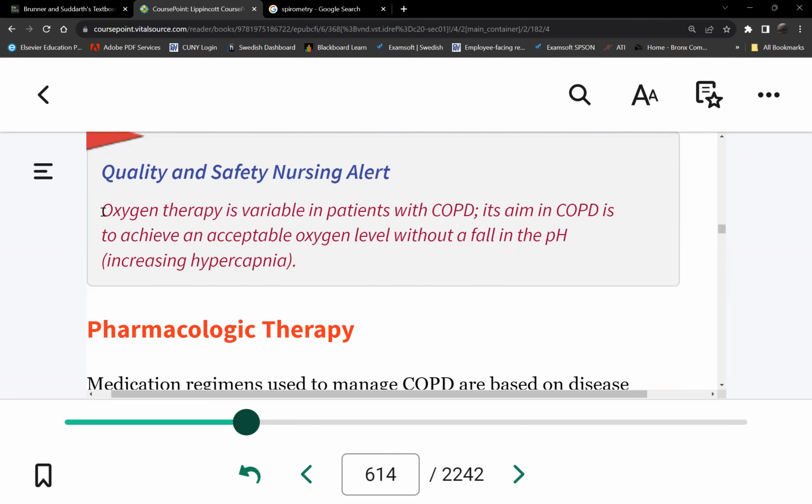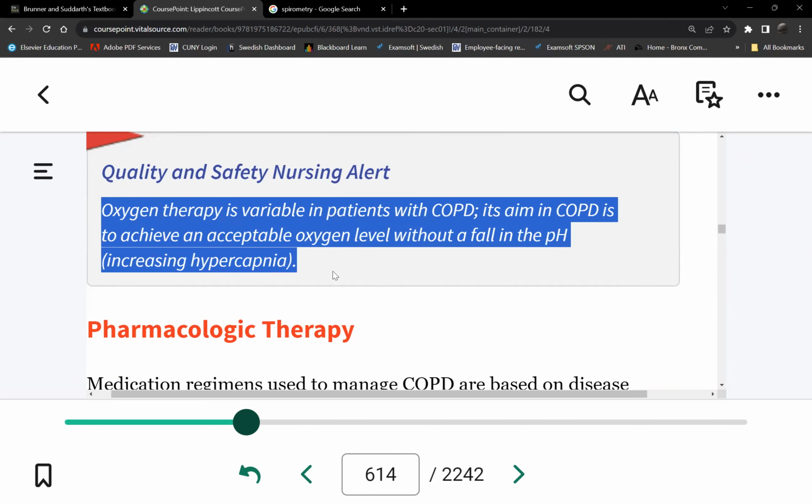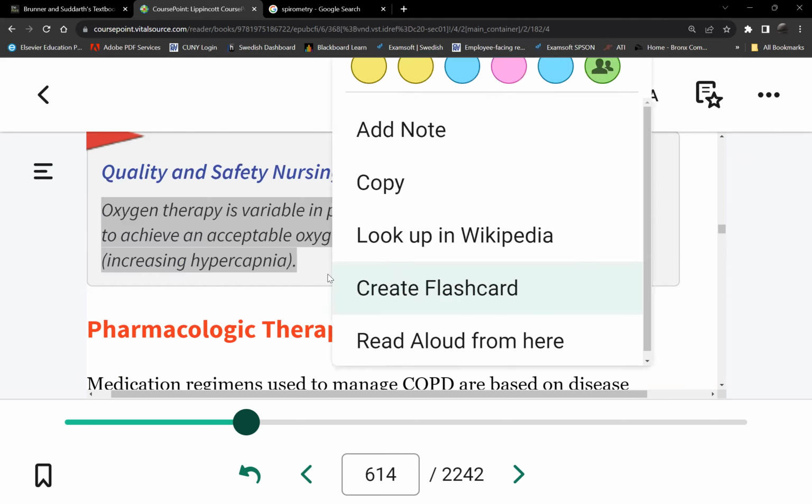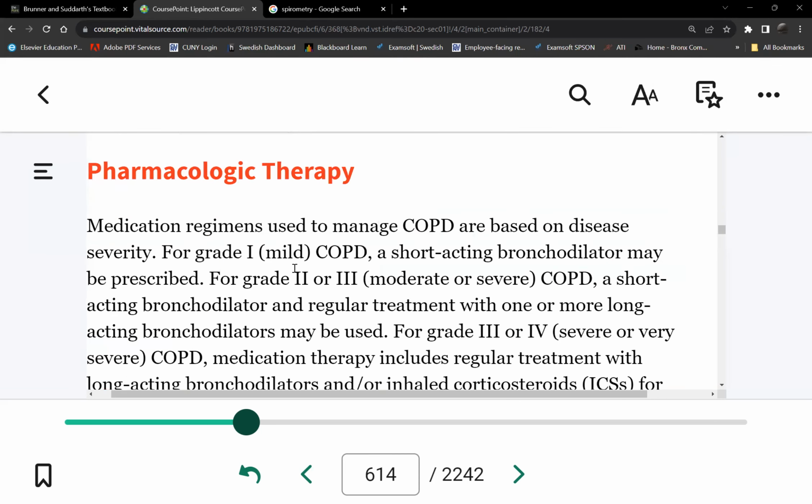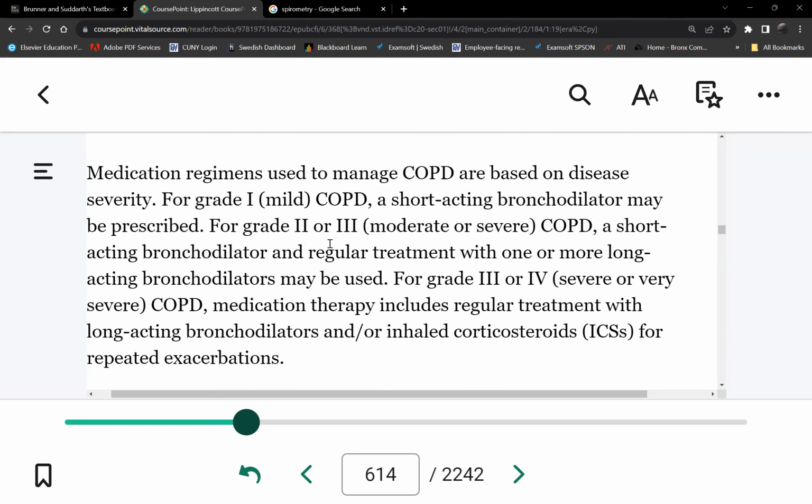So here, oxygen therapy is variable in COPD patients. What's our goal again? Which is what? Okay, 90% or better. So I won't repeat the pharmacologic. I already showed you. It's under where again? Where did you find it?